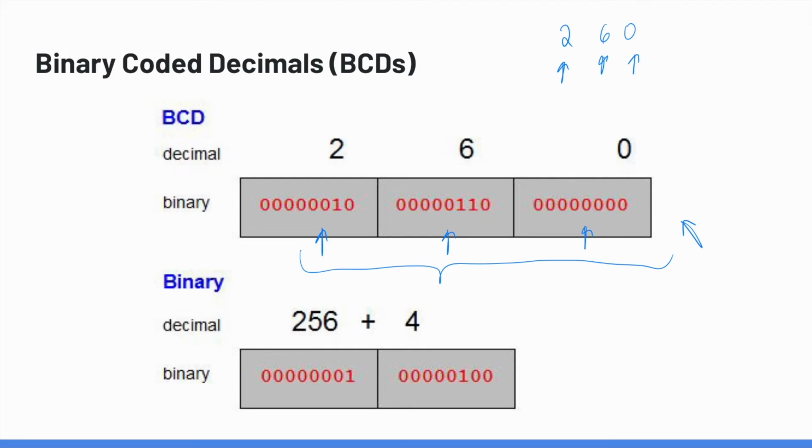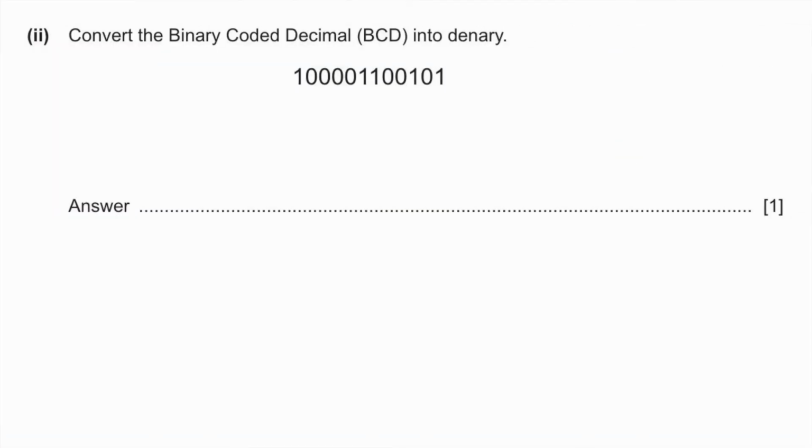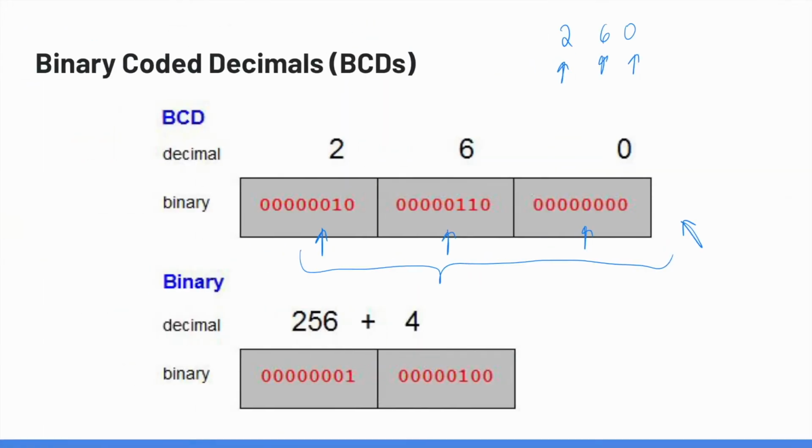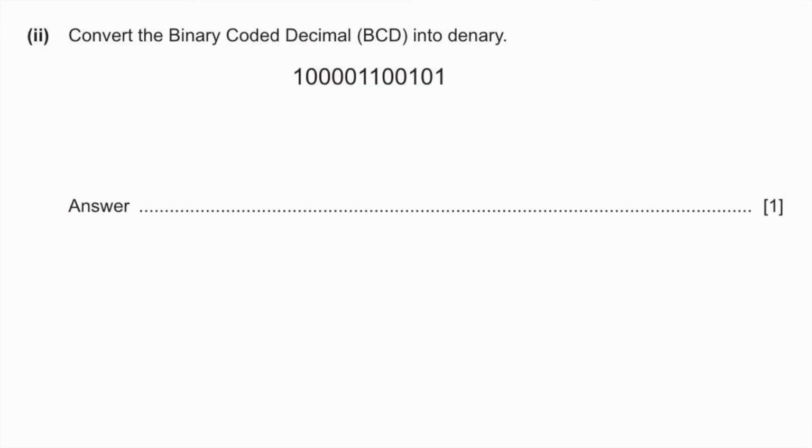So to see how this works, let's take a look at an example. This is from an A-level exam. I know it isn't written here, it's written in a prior part of this problem, but basically each decimal digit is going to be represented by 4 bits. So that means we can break this up into 4 bits. So we have 1 bit right here, 1 bit right here, and another bit right here.